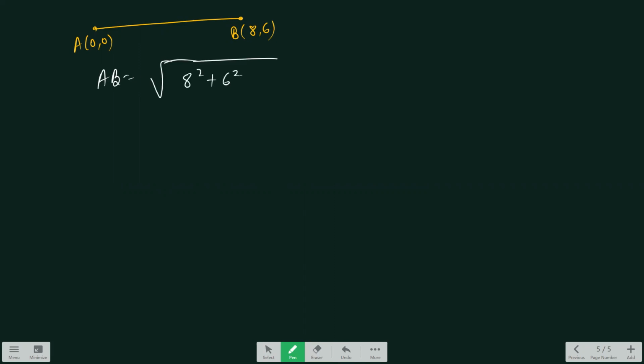So you'll get 8 square is 64 and 6 square is 36, that is under root 100. So under root 100 is plus minus 10. Okay, but as you know that this is the distance, so distance is always positive, so answer is 10 units.